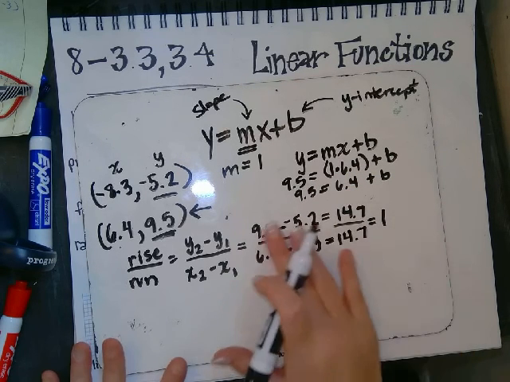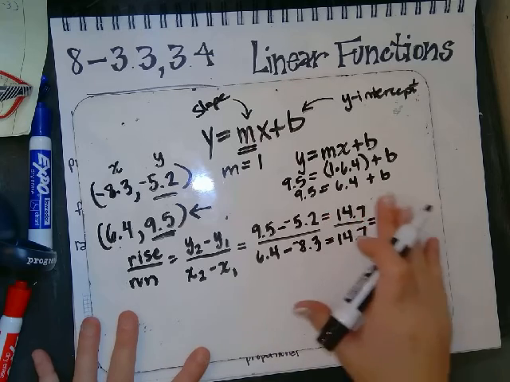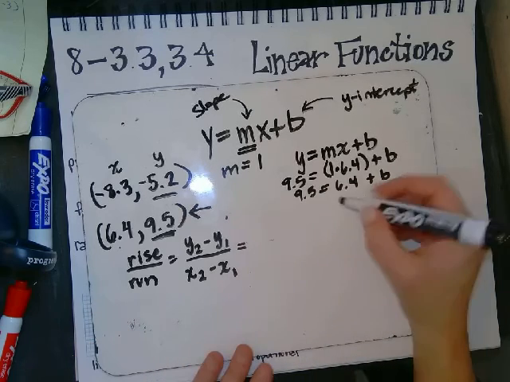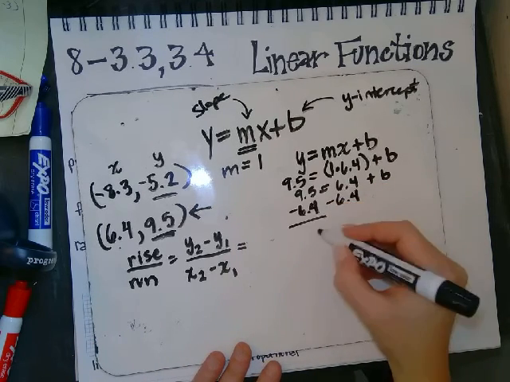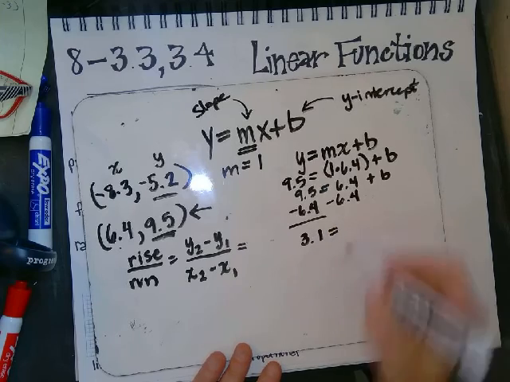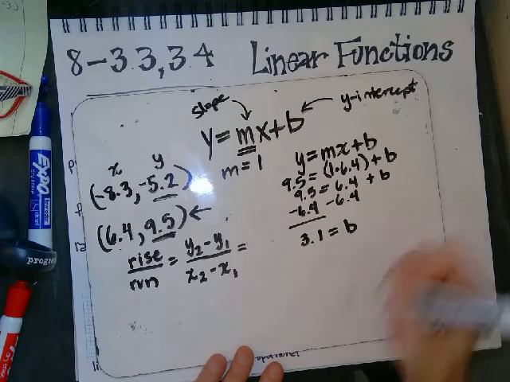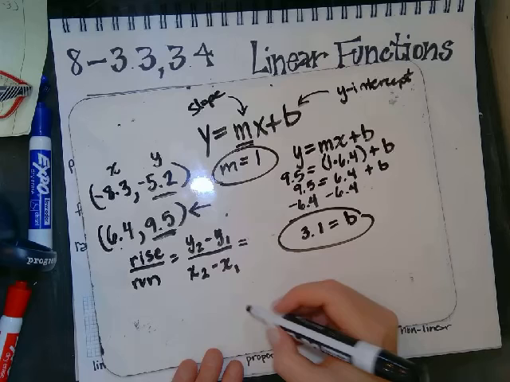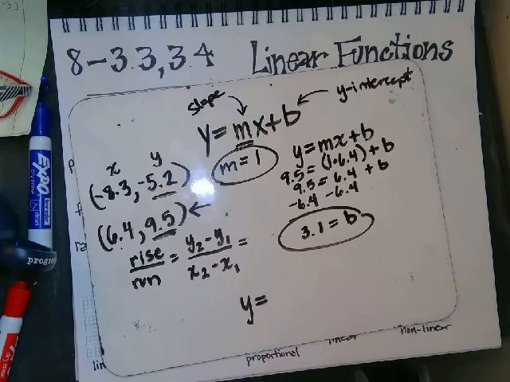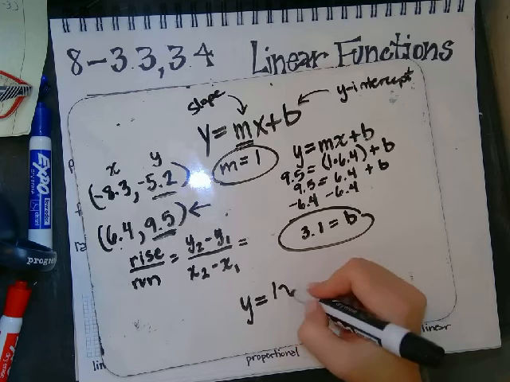And maybe you can see where this is going. I'm going to go ahead and erase this so I have room. So I'm going to subtract 6.4 from both sides, and now I'm left with 3 1/10 equals b. So now I know my b, now I know my m, and I can plug that into my slope-intercept form, or my y equals mx plus b form.